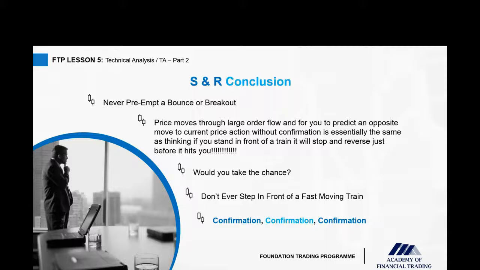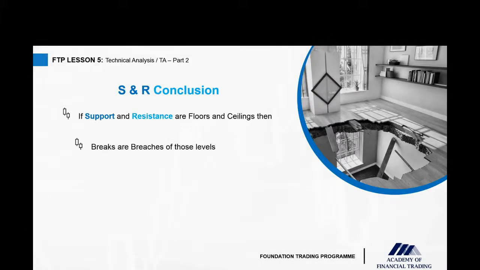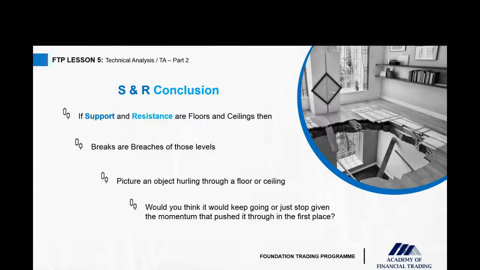That's why we prefer to wait for confirmation. This idea of confirmation is crucially important because it gives us our supporting evidence. When these areas break down, we get support and resistance lines, and that tennis ball breaching through that ceiling really is a sign of things to come.